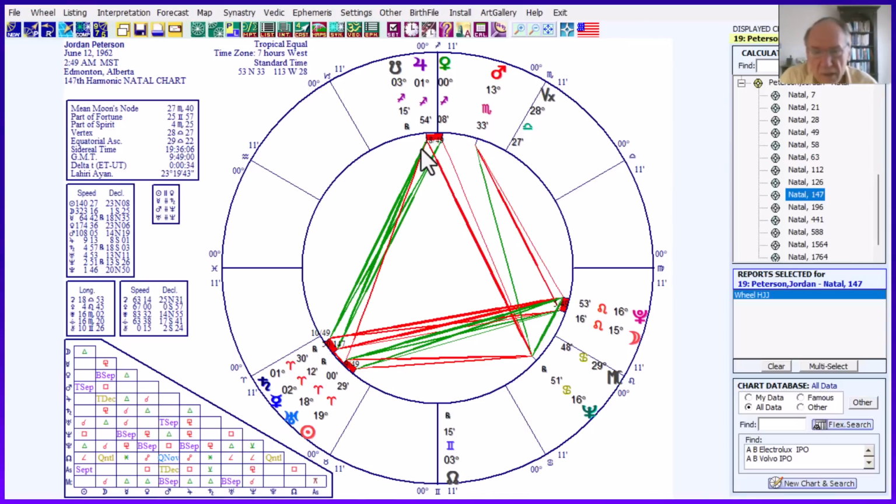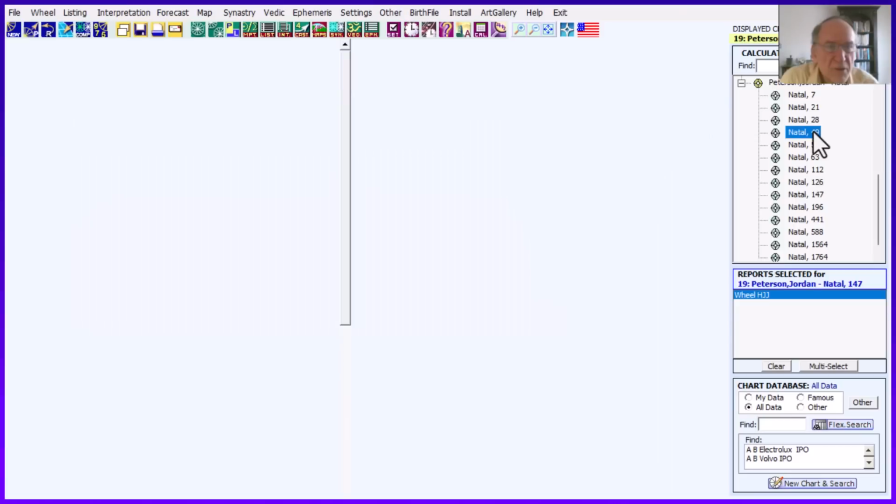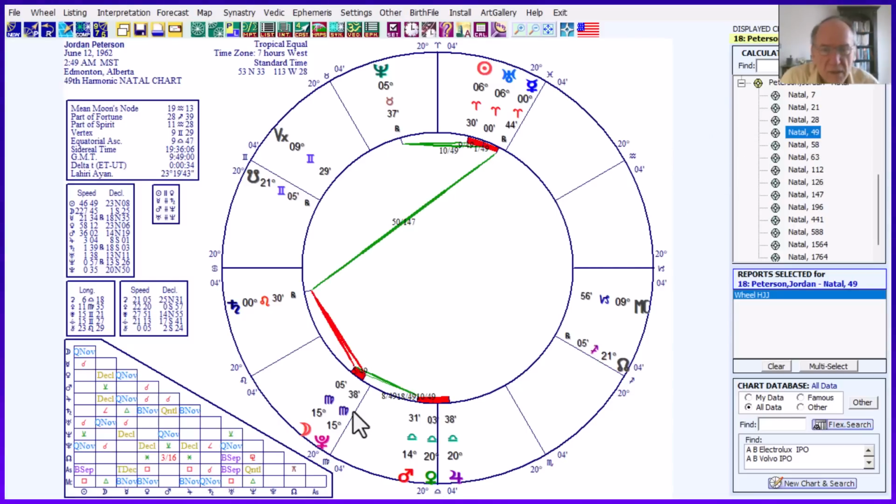And what's going on here? Sun and Uranus are trine Moon and Pluto. A little bit weaker. That's spreading 3 degrees. How did that happen? Moon, Pluto to Sun, Uranus. If I go back to 49, Moon and Pluto are conjunct. Sun and Uranus are conjunct.